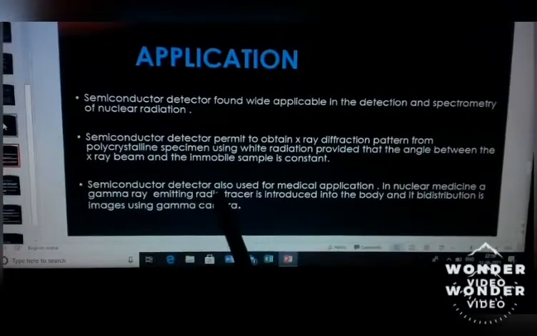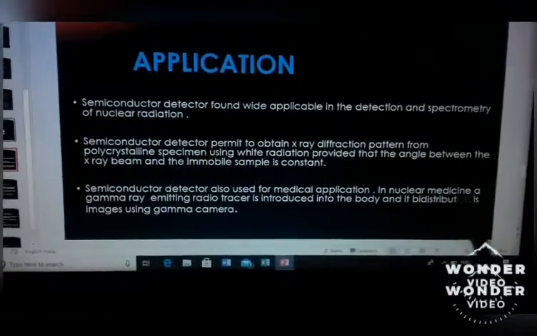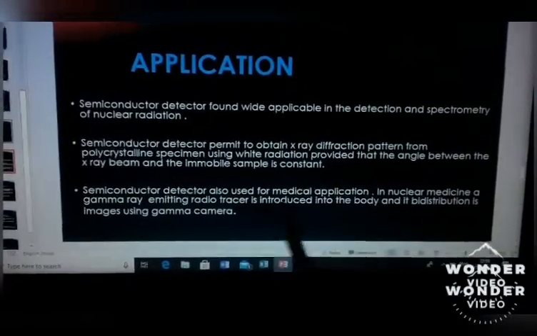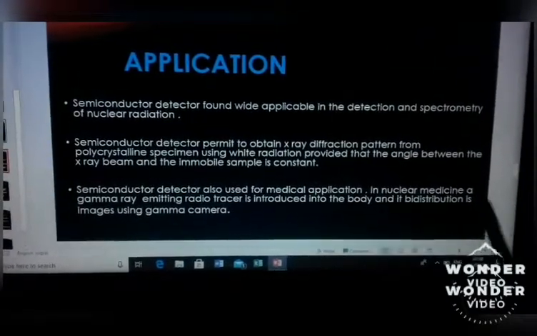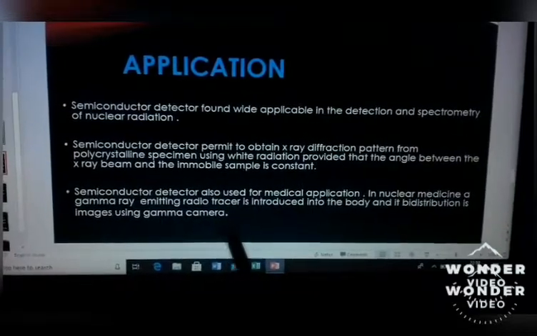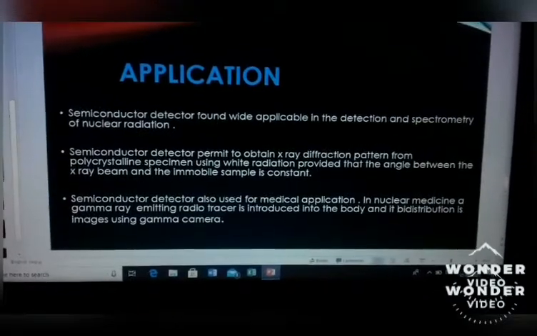Semiconductor detectors are also used for medical applications. In nuclear medicine, a gamma-ray emitting radio tracer is introduced into the body and its distribution is imaged using a gamma camera. So these are the applications of semiconductor detectors.